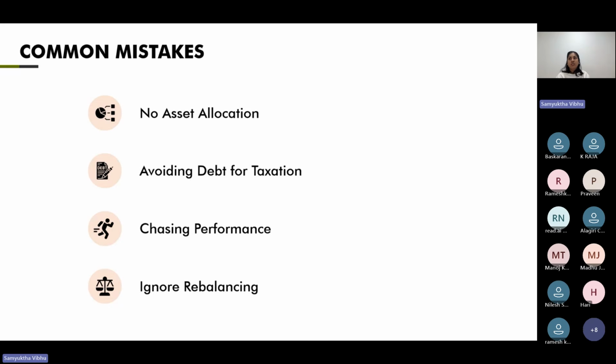And the last thing that we've noticed is that many people don't rebalance on time, meaning when you have a performer, you need to book profits and you need to move out. That can be even something like a precious metal or in a small and mid cap space, where we've seen investors collect really good returns, but are a little bit unwilling to book those profits and move towards safety. So rebalancing allows you to actually create wealth, right?